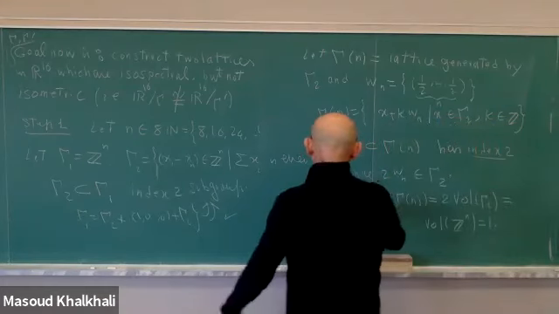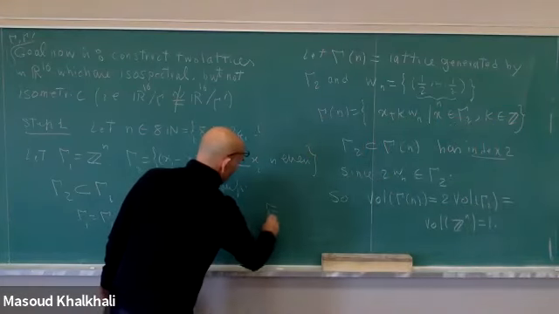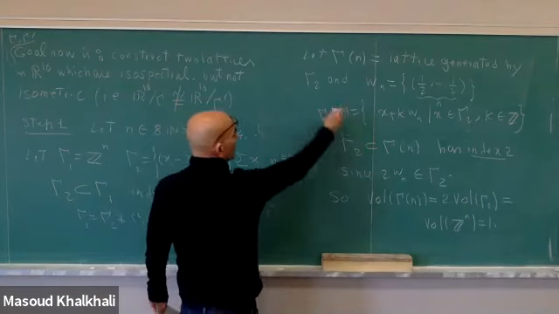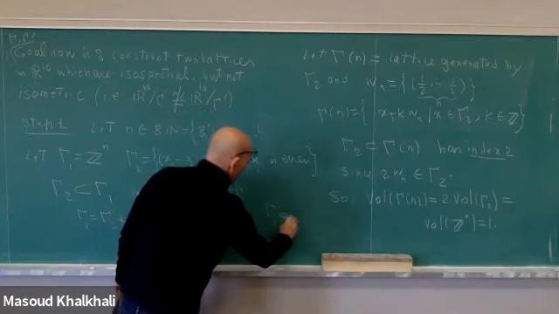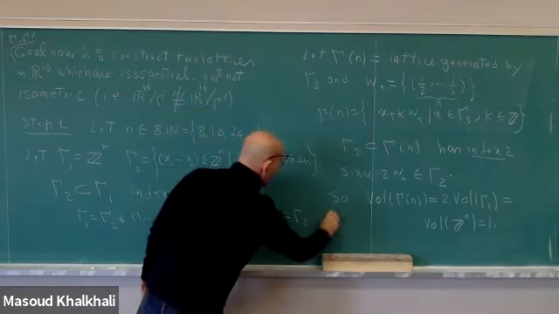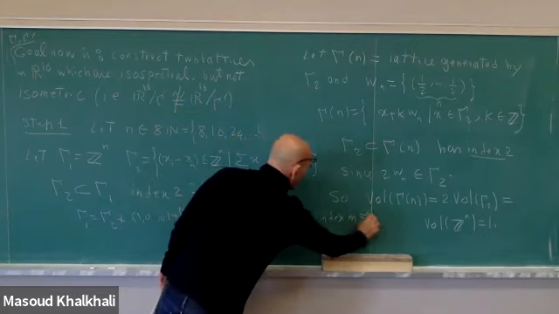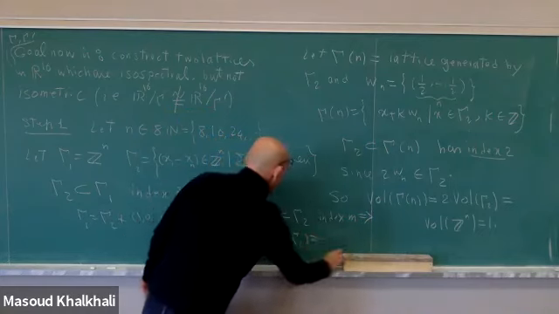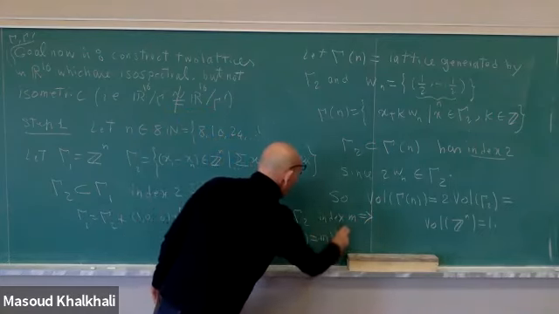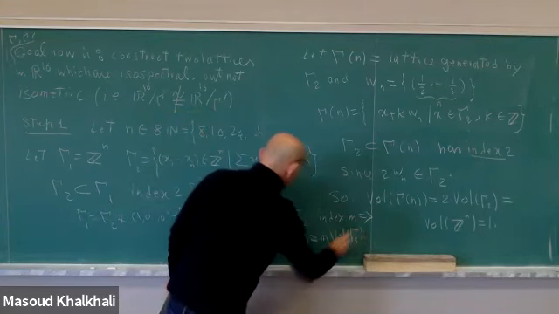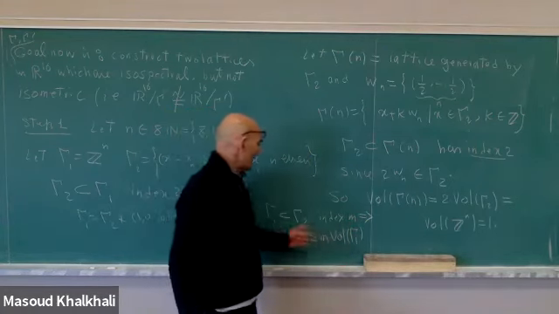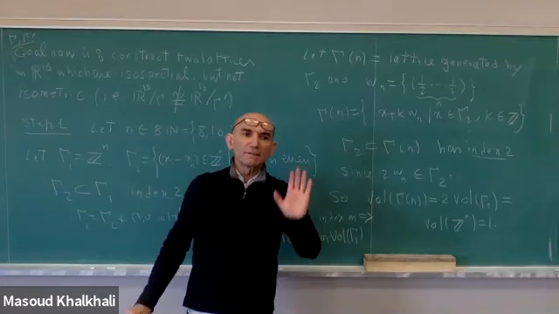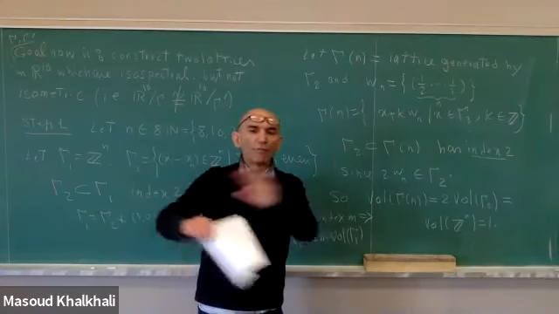What we are using here is a general fact, and I'm not using gamma 1, gamma 2 in reference to this notation. In general, if gamma 1 inside gamma 2 has index m, this implies that the volume of gamma 2 is equal to m times the volume of gamma 1. The reason is that gamma 1 and m of its cosets together cover the whole thing.